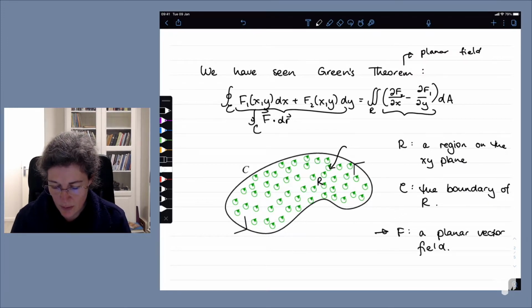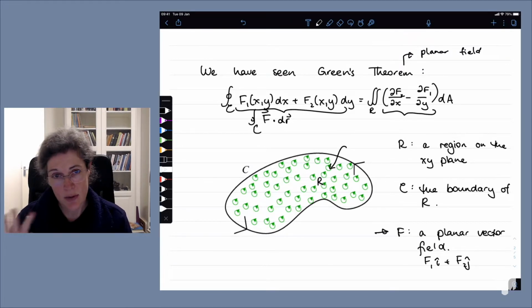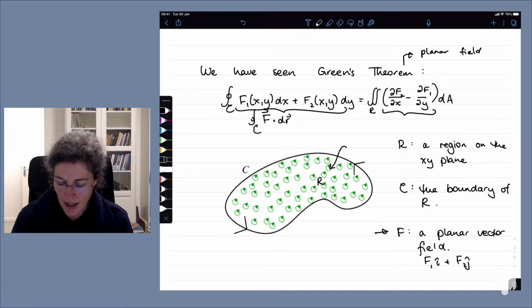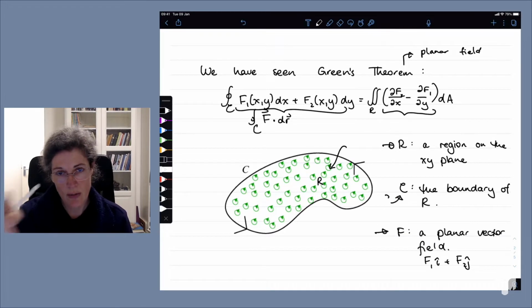So F is a planar field, so remember it has an F1 in the i hat and an F2 in the j hat, but no k component. And we've got a region R in the xy plane, and we've got some curve, which is the boundary of that region. So Green's theorem is all about what's happening just in a region on the plane, and you've got just a two-dimensional vector field.